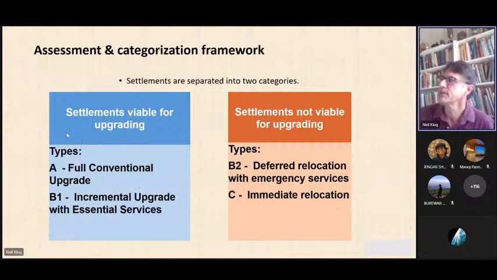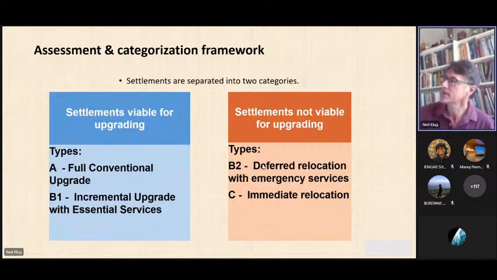So this policy basically gets the local municipalities to do an assessment and categorization of informal settlements within their municipality. And what they do there is they divide them into 4 categories. 2 categories are full conventional upgrade in situ, where the settlements are. They'll upgrade them in terms of services, tenure, and so forth, where they are standing. B1 is they will eventually upgrade them where they are, but there are various legal impediments to it.